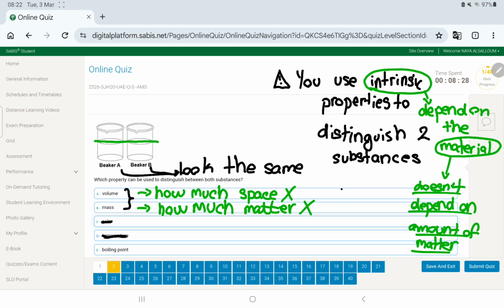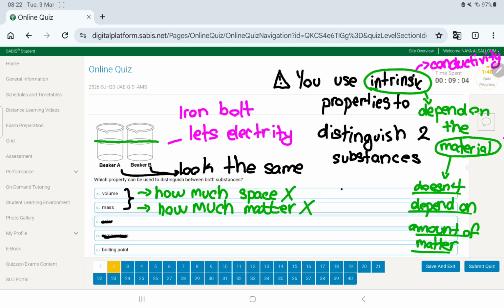Now, guys, if you want examples for intrinsic properties, there's conductivity. Because if I say an iron bolt lets electricity, lets the heat pass through it, an iron bolt lets electricity through, right?